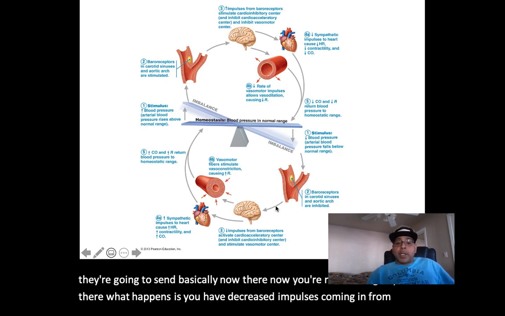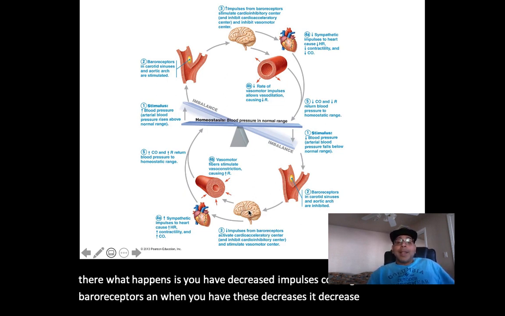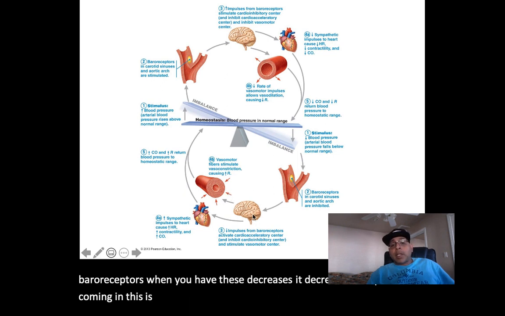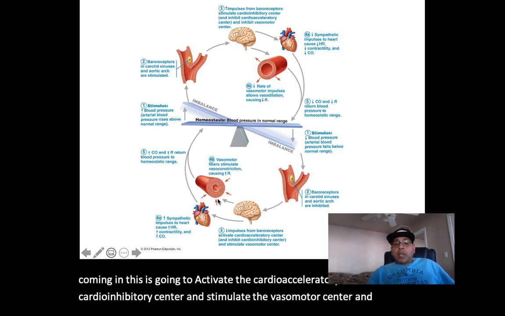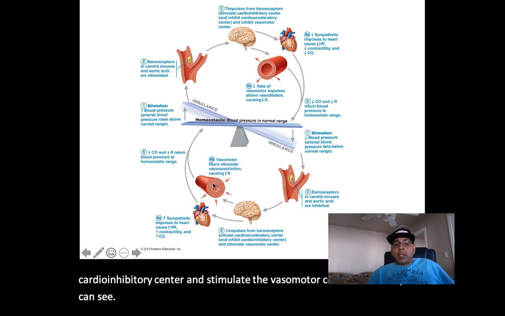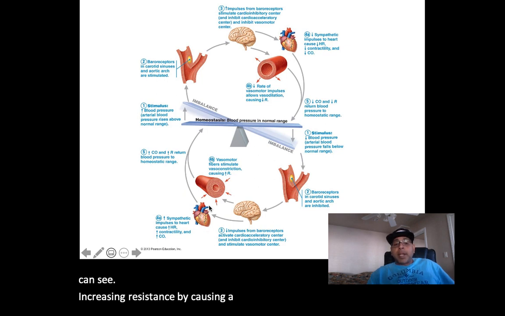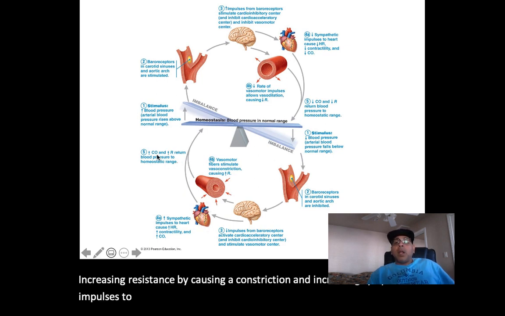This is going to activate the cardioacceleratory center, inhibit the cardioinhibitory center, and stimulate the vasomotor center. Here you can see increasing resistance by causing constriction and increasing sympathetic impulses to the heart, all increasing cardiac output and resistance, helping to return blood pressure to its normal range.